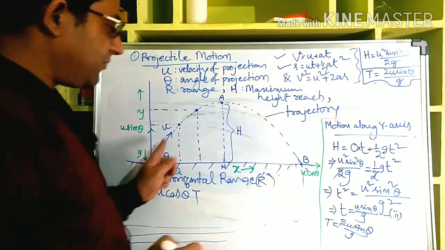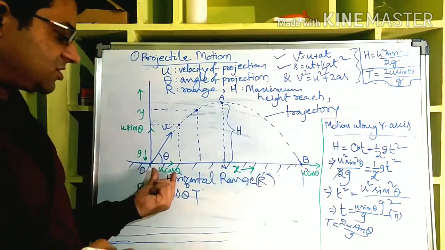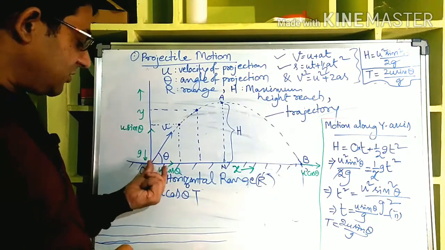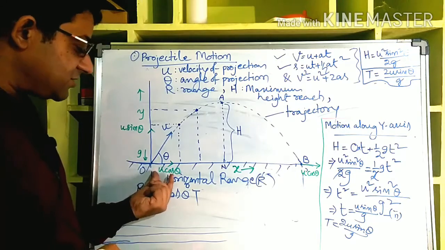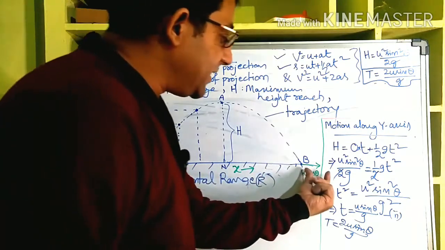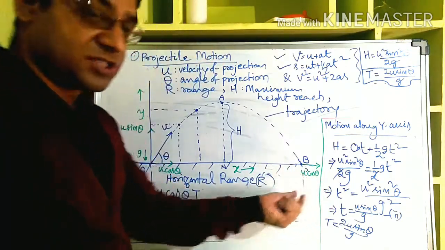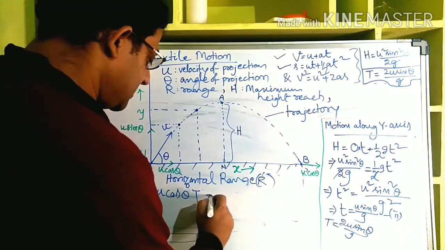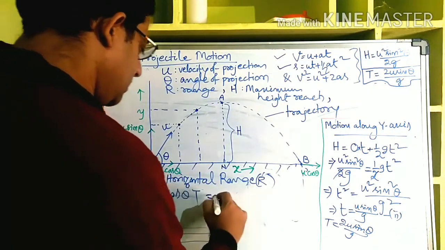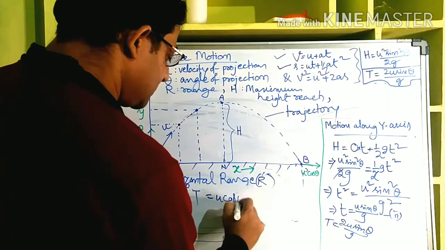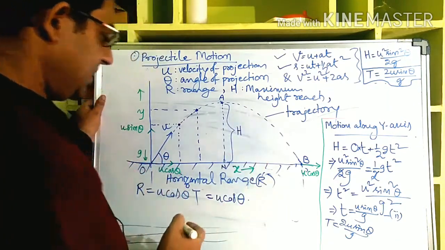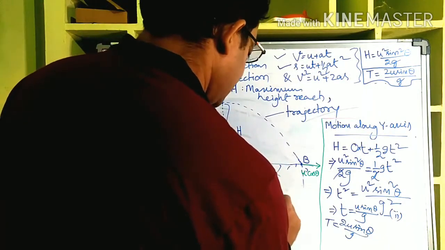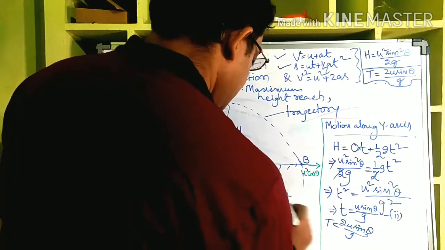The total time of a flight multiplied by this constant velocity, because it started with the constant velocity along the x-axis. The initial velocity was u cos theta, and when it hits the ground also it was u cos theta only. So u cos theta multiplied by T is equal to u cos theta multiplied by, just now we calculated, 2u sin theta by g.